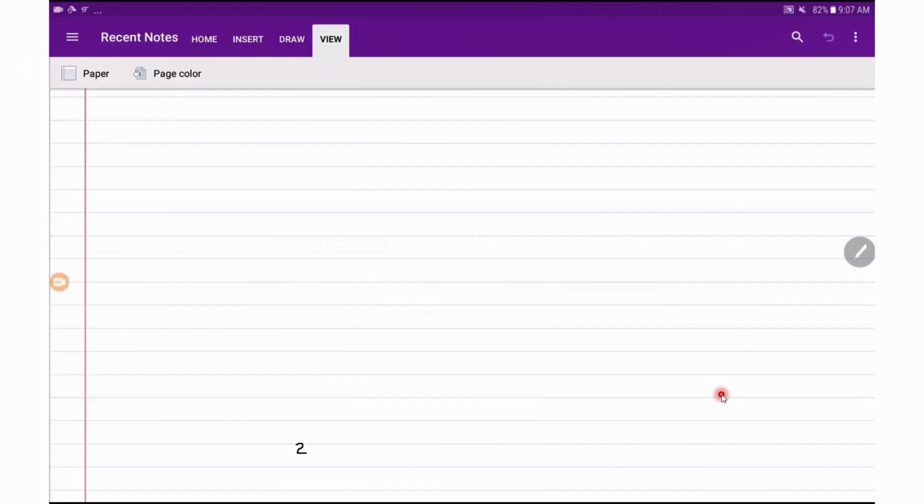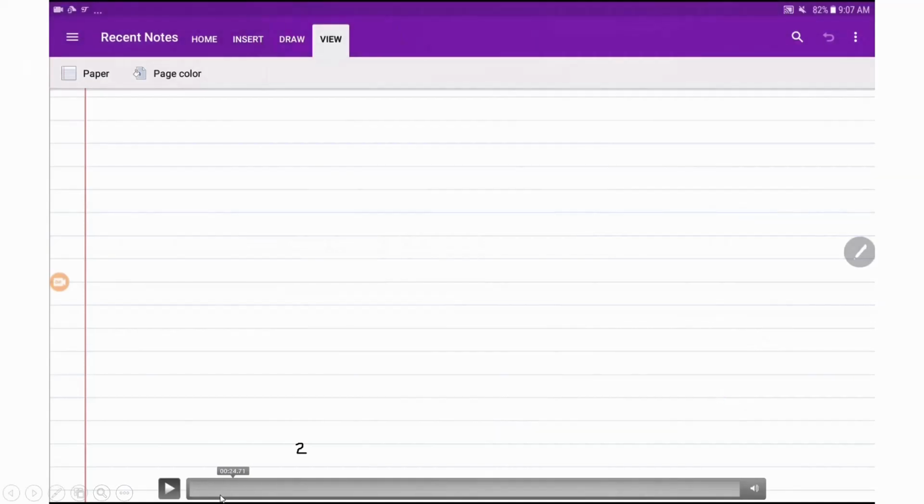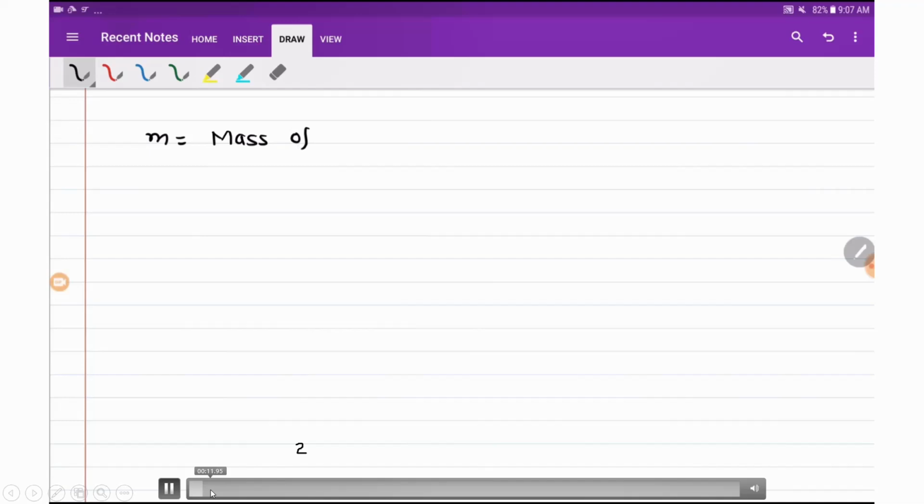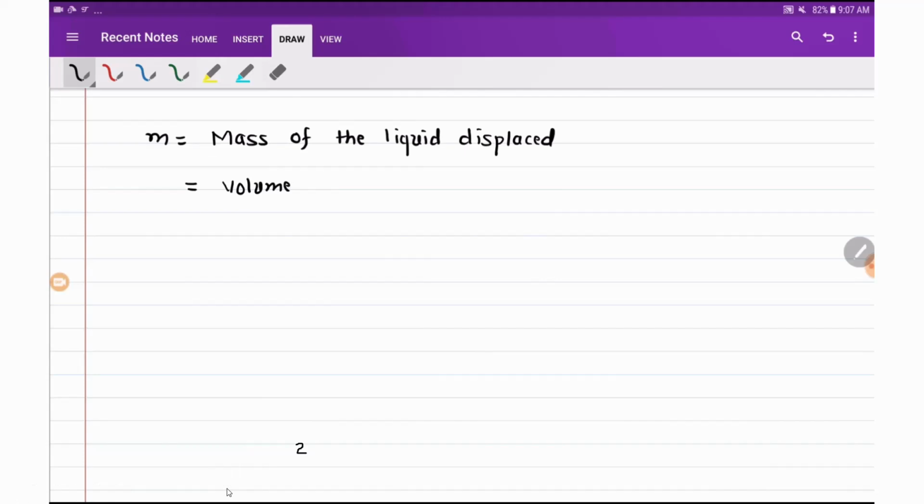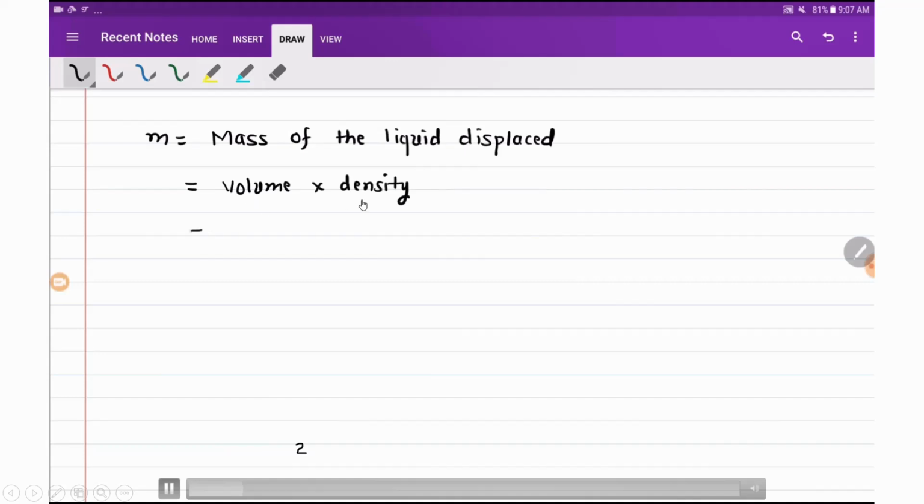Now we can find out the mass of the liquid which is displaced. So mass, we know that it is volume into density. Volume is in meter cube and density is in kg per meter cube.